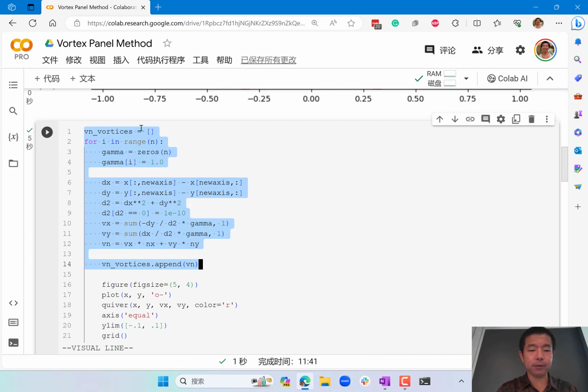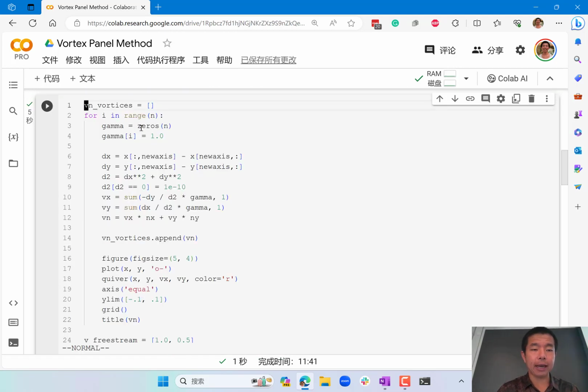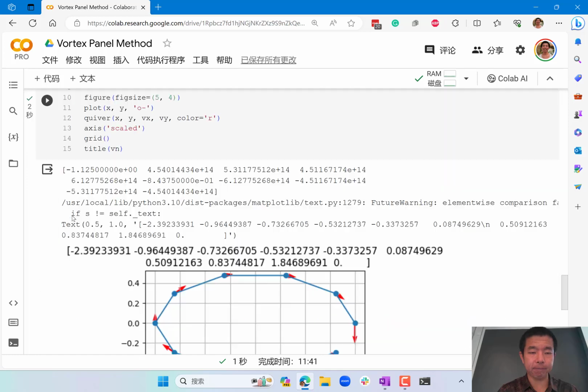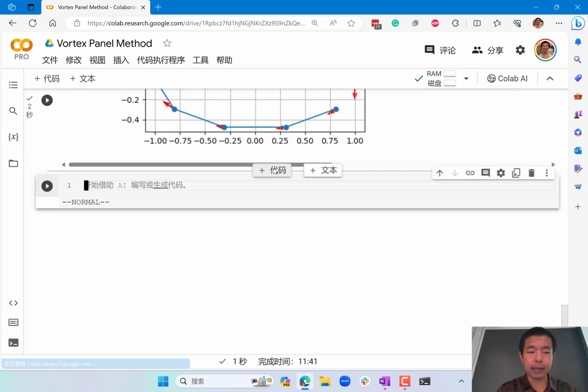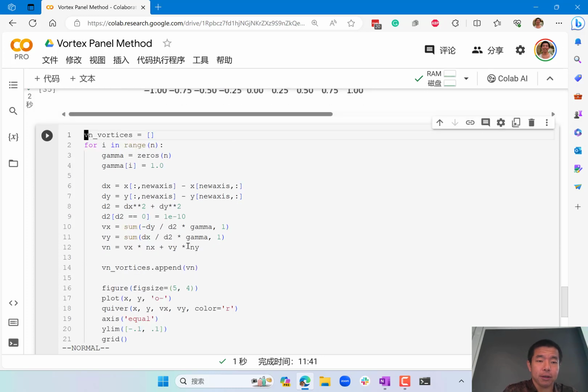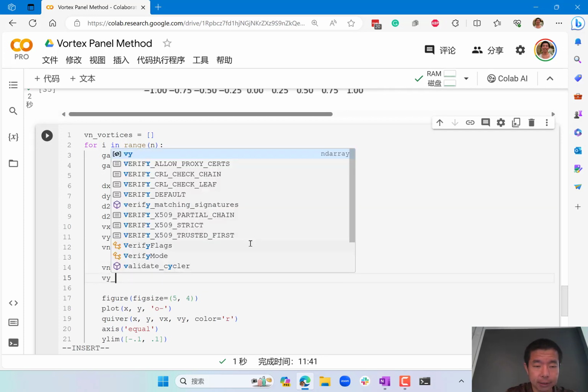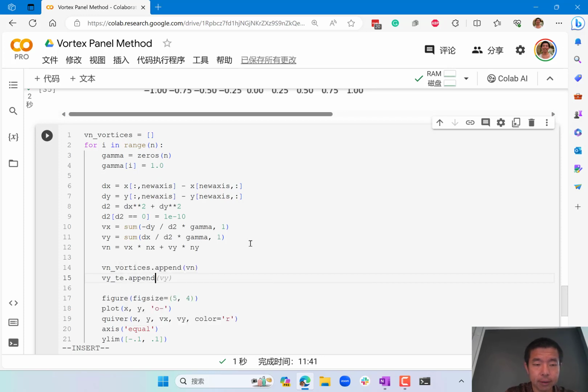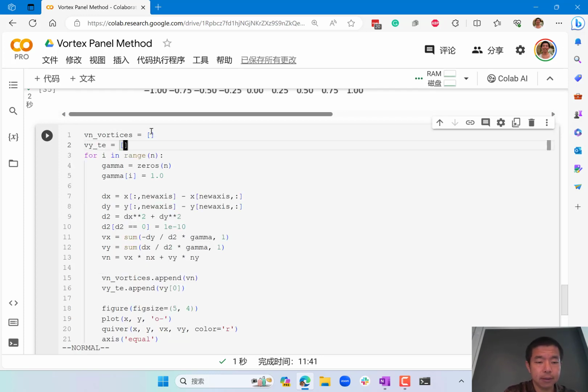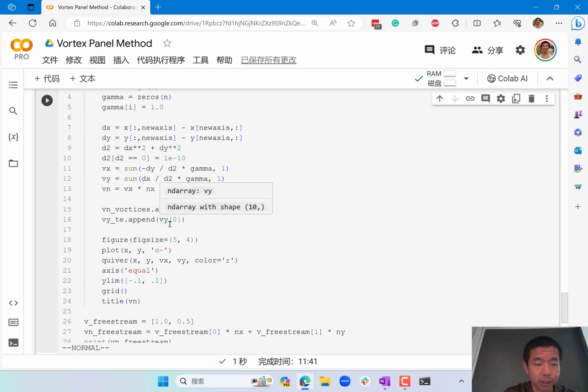So I'm going to copy this piece of code and generate another equation. Here we looked at the induced flow, particularly the normal velocity. Now I'm going to append another Vy, the y velocity at the trailing edge. That's just the Vy at the 0th point. So we are also going to make another array, the Vy at the trailing edge.